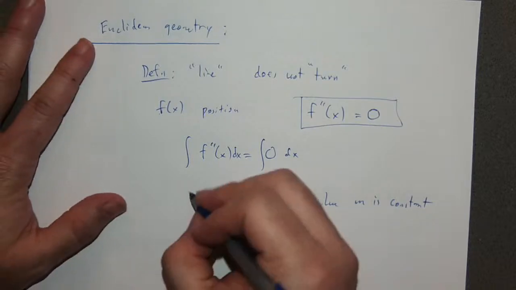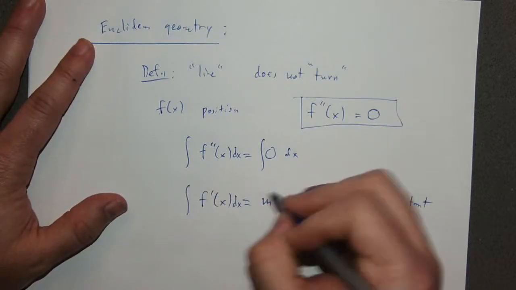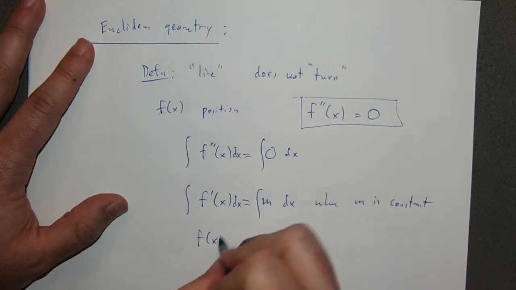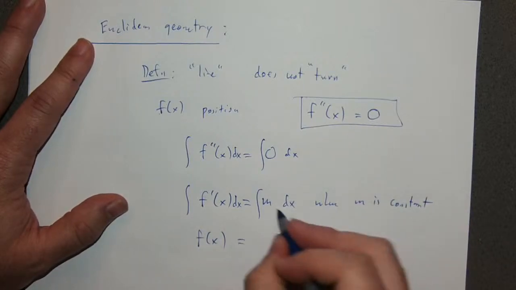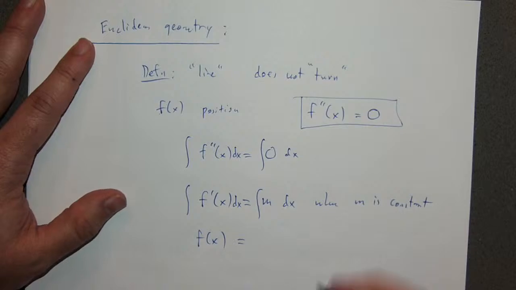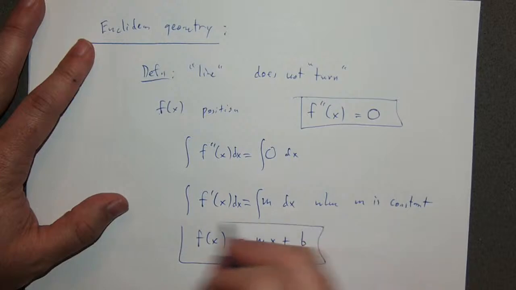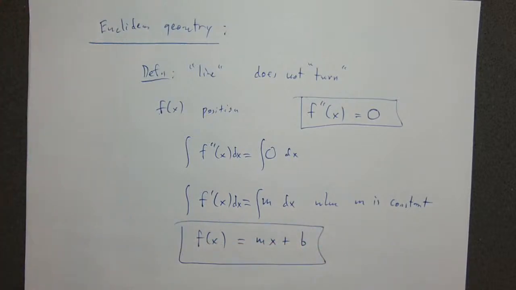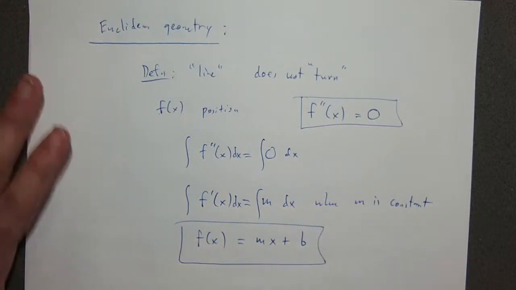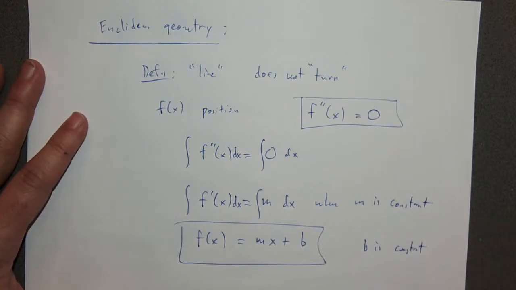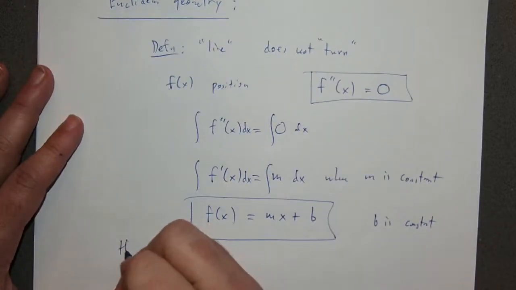Let's do it again. Here I get f of x, which tells me the position of this line. What's the integral of m dx? It's mx plus another constant, which I'll call b. Oh, wait. This is my equation for a line. This is just the equation of a line.